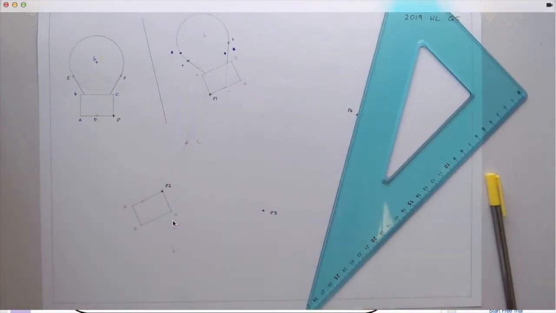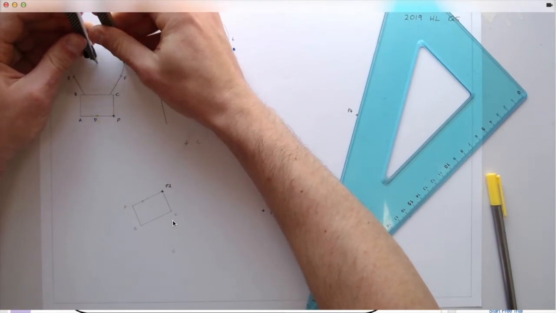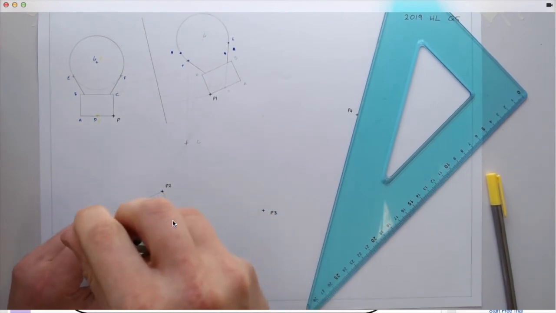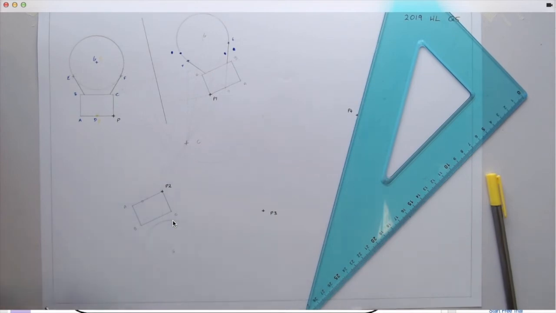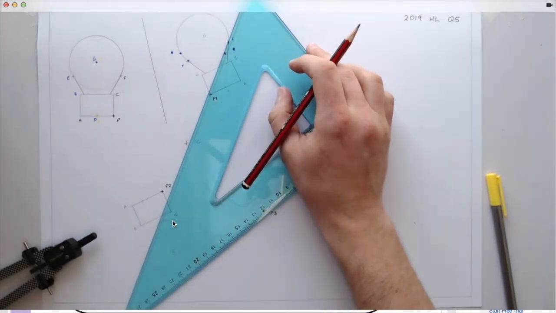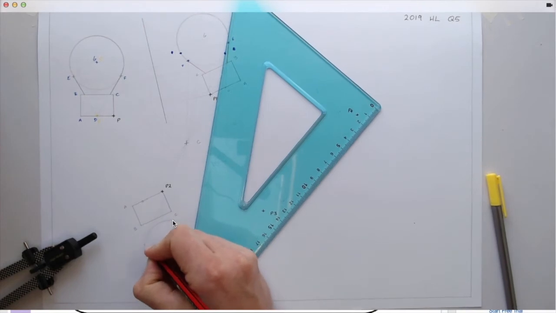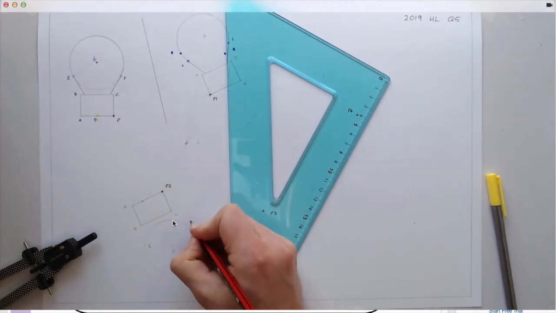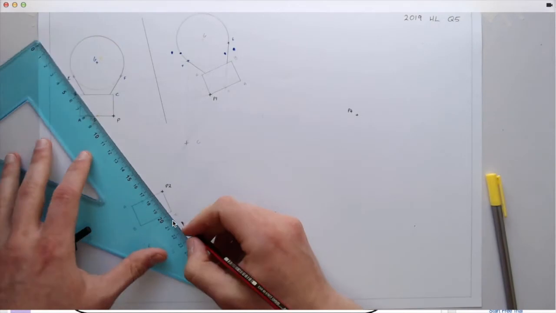Okay, and then I'll put in my circle, just making sure to keep it the same radius. So you'll see here that from E here, joined up through my point, I get point E, and I get point F, which lets me draw in my tangents.